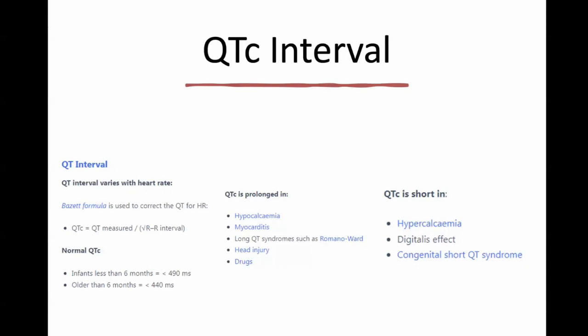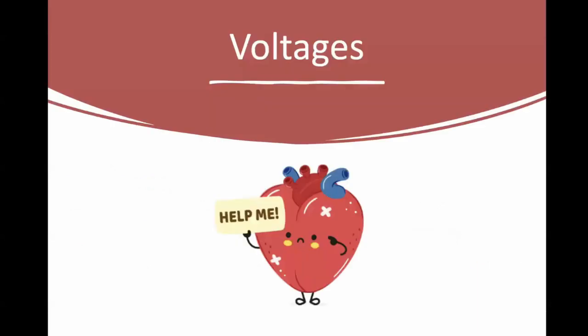But in general, a number that you can keep in your head is less than 450 milliseconds. It's important to measure the QT interval accurately, as patients with prolonged QT intervals are at risk for ventricular arrhythmias or sudden death. On the slide here, I've highlighted for you the formula and the details of that formula, as well as some of the conditions where you would find a prolonged and a shortened corrected QT interval.